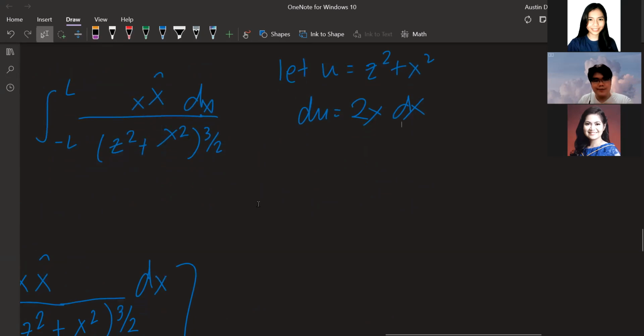Now I'm just gonna let things go in. From the denominator, I have u, 3 halves. And then this is x hat. Labas ko na x hat, no? Para hindi ako maguluhan. Tapos yung x dx mo will be just this. So that's just du over 2. Divide ko to by 2. So du over 2 is just x dx, and that x dx is just this.